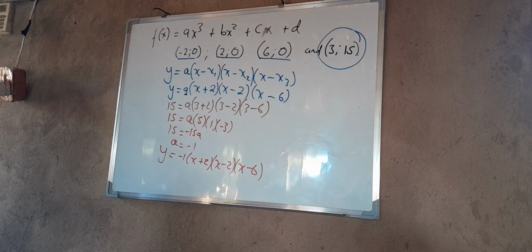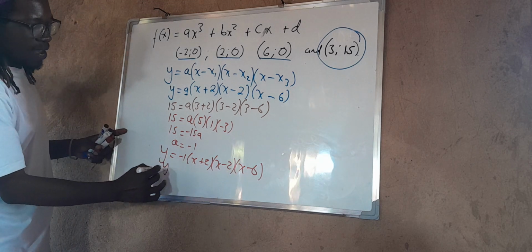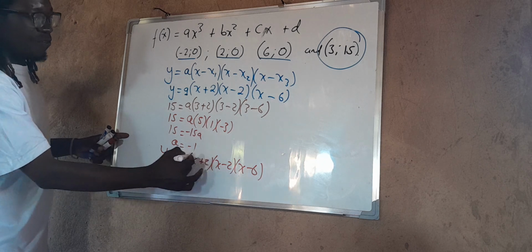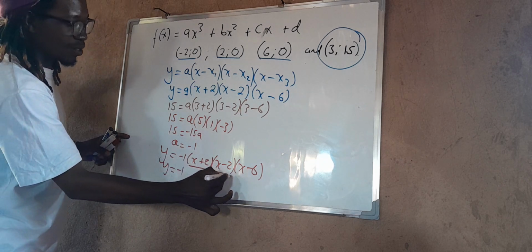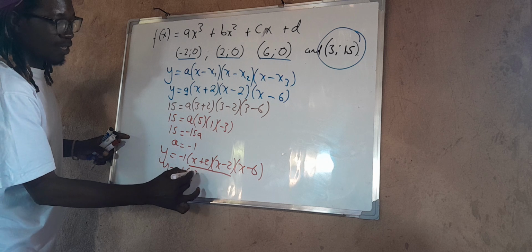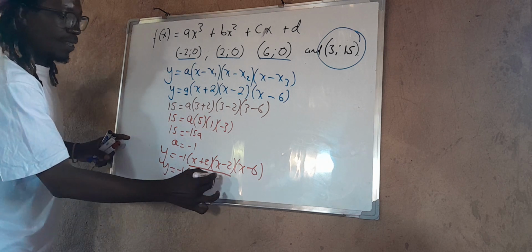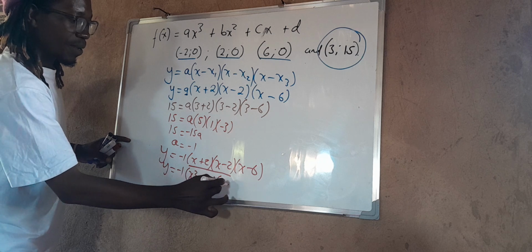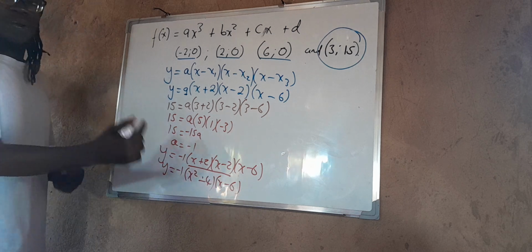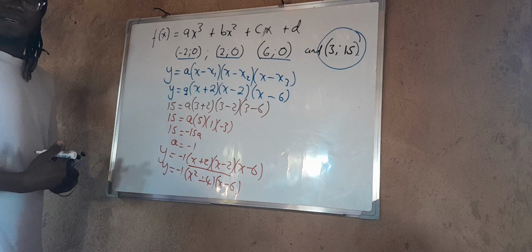Now we can expand this, we can multiply throughout the equation. So y equals -1. If you multiply out the first two brackets, you get x squared minus 4, and then (x - 6). Now we multiply with the second bracket.